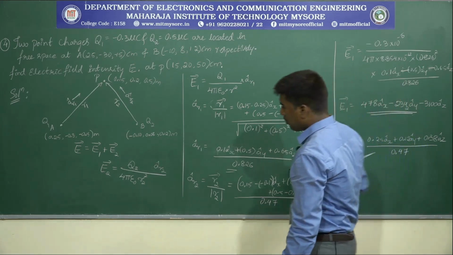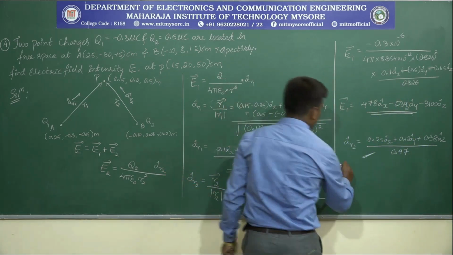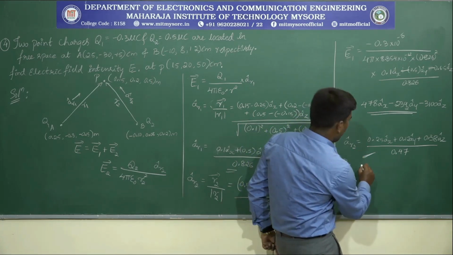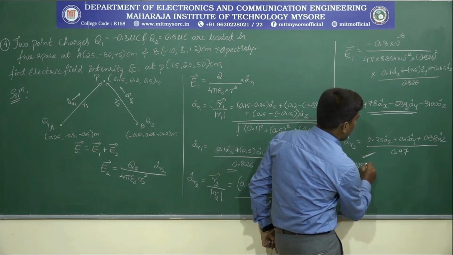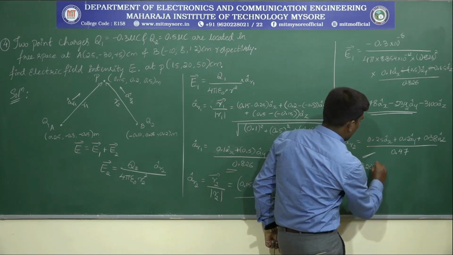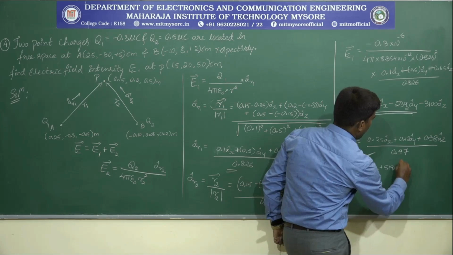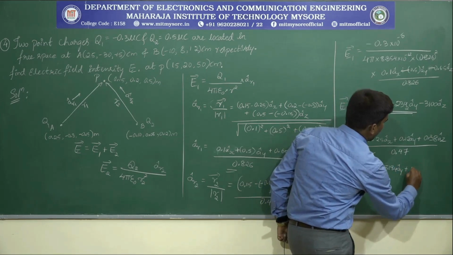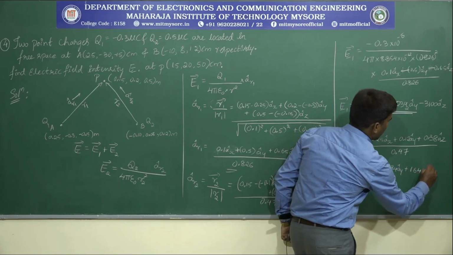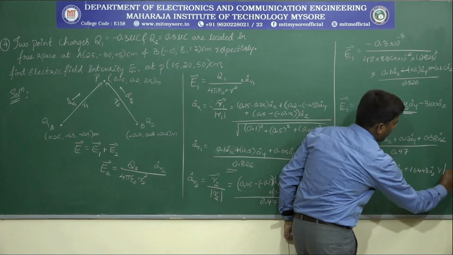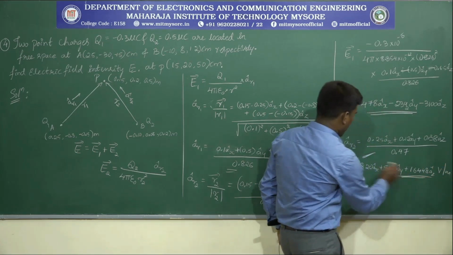Substituting A cap R2 into this equation, E2 results in 10820 A cap x plus 5194 A cap y plus 16448 A cap z. What is the unit? Volt per meter. This is E2.